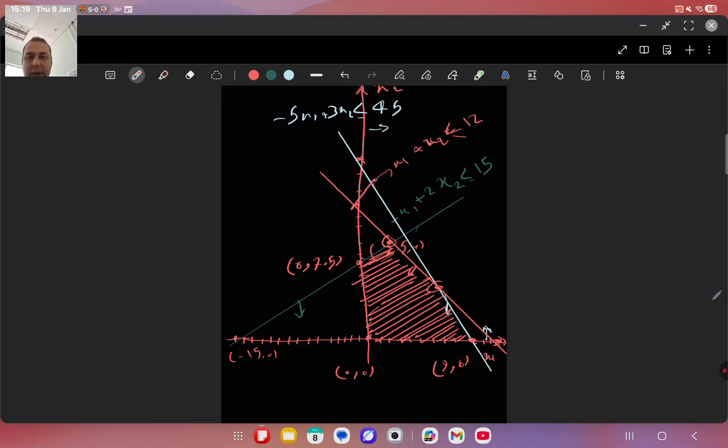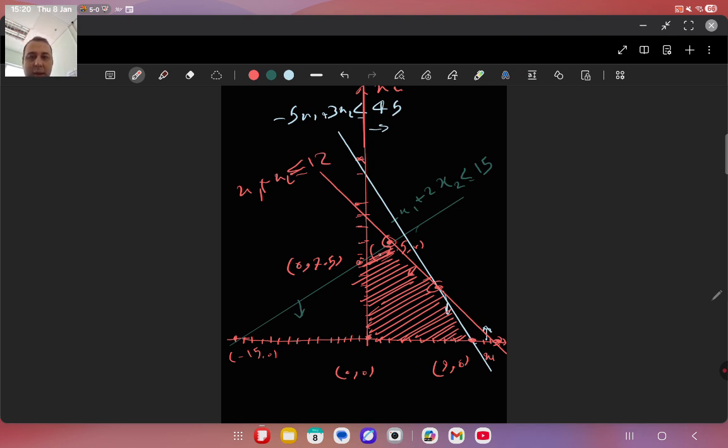This is the equation of this. I made a mistake. Okay, this is x1 plus x2 less than 12.